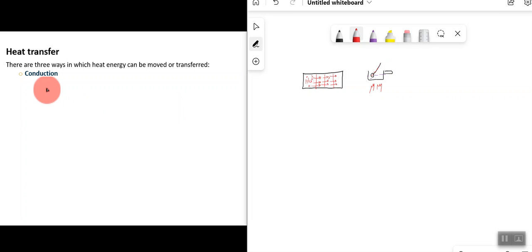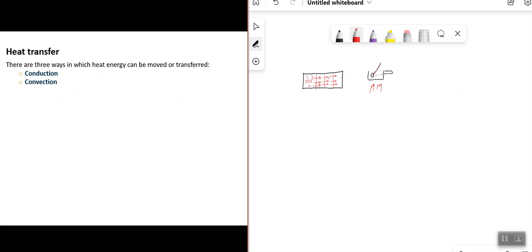This is what's called heat transferring by the process of conduction. The way to think about this is when a hot body comes into contact with a cold body, the heat is transferred from the hot to the cold by the process of conduction.